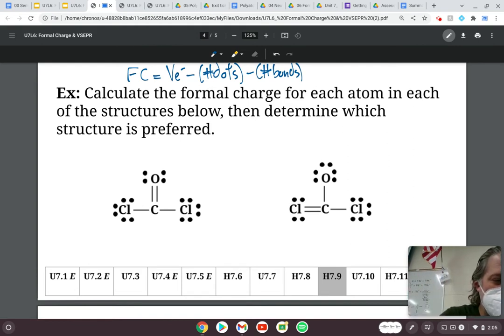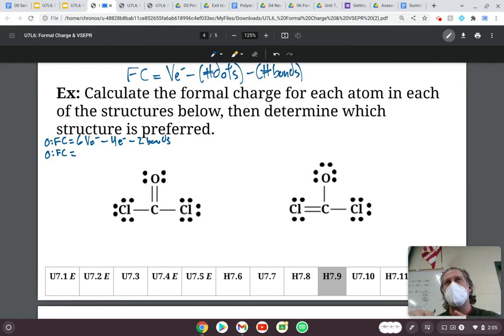For oxygen, according to the periodic table, oxygen has 6 valence electrons, minus, in this case, 4 dots, so 4 electrons, minus the number of bonds. Oxygen is participating in 2 bonds. So oxygen's formal charge would be 6 minus 4, which is 2, minus 2, which is 0.